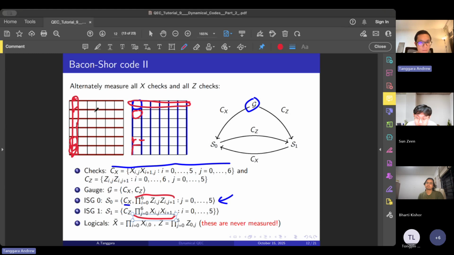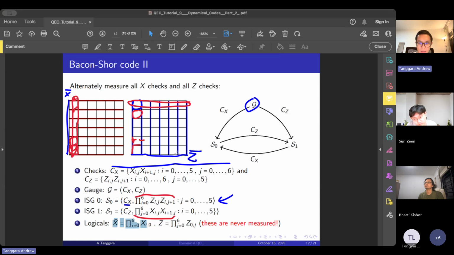So if I just alternately measure X and Z, I'm going to alternate between this instantaneous stabilizer group S0 and S1. And the reason why the Bacon-Shor code has these two logical operators, an X logical operator, so that's X bar, and then this Z bar, which I'll change to blue, is that I never measure them in this measurement sequence.